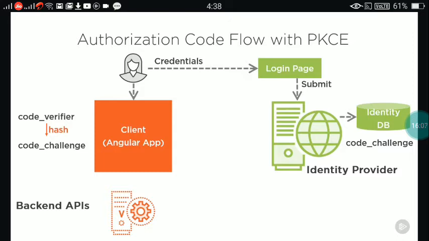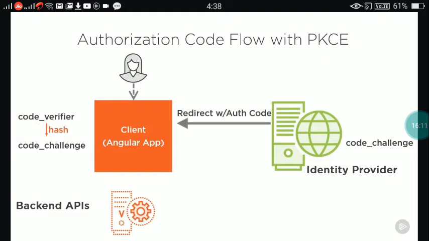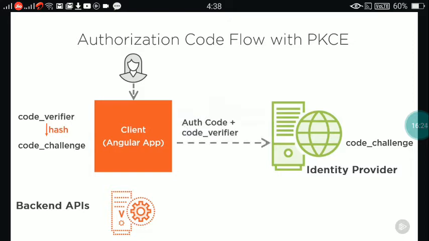As long as the credentials are valid, the STS then redirects back to the client app using the redirect URL that was part of the client's configuration at the STS. In that redirect, the authorization code will be provided to the client in the redirect URL. The client then calls the token endpoint of the STS as an API call, not a redirect, passing the authorization code and the code verifier.